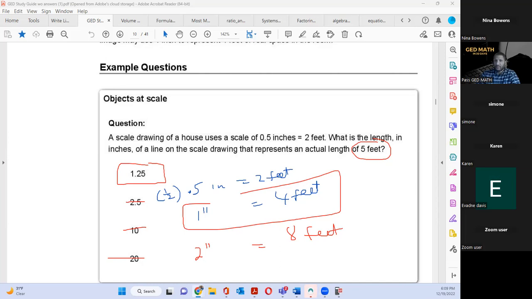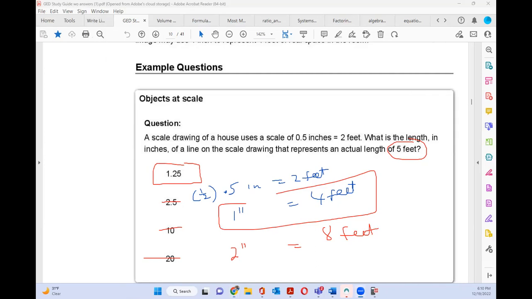Mr. Tinley, I have one for you. Yes, what's that? Suppose there's a jar with 6 yellow marbles, 4 green marbles, and 2 red marbles. What is the possibility of drawing a red marble? Okay, so that's a probability question.